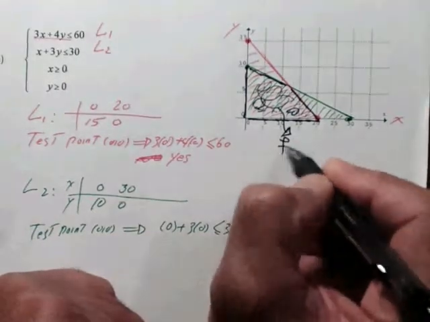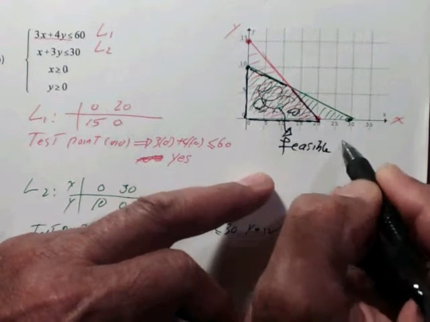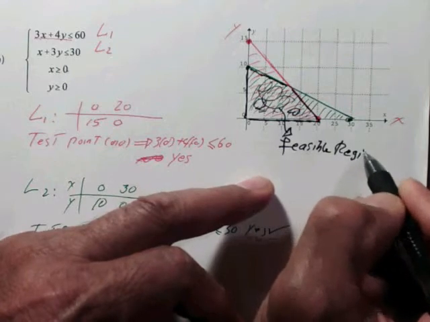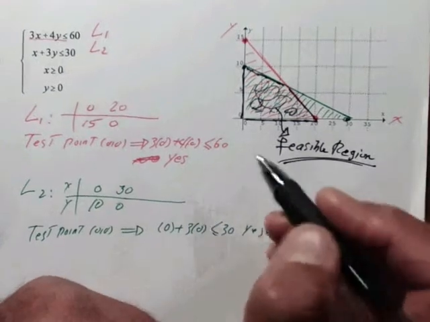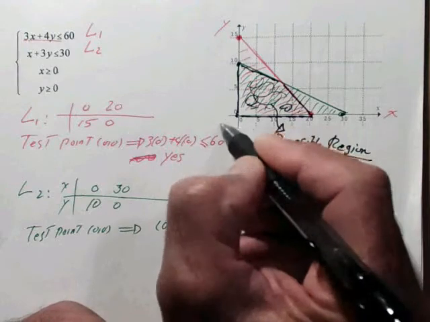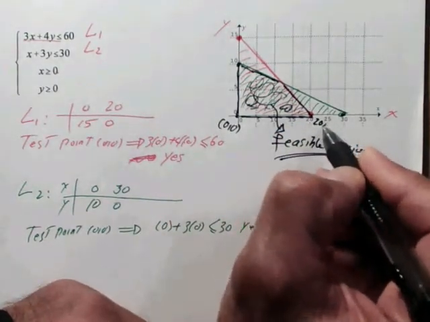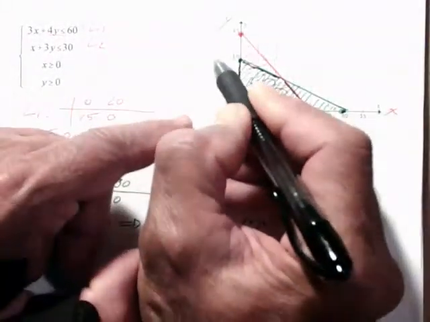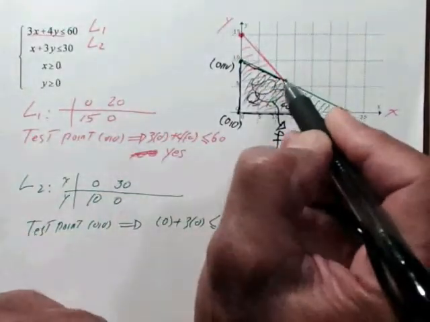Let's call it the feasible region. So the only thing we need to find are the corner points. This point clearly is (0, 0). This point is (20, 0). And this point is (0, 10). So the only point left is to find this point right here.